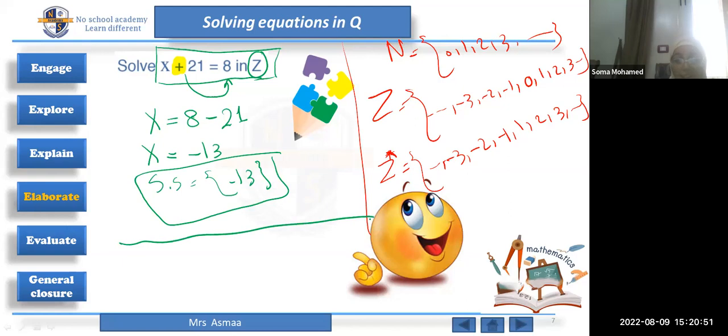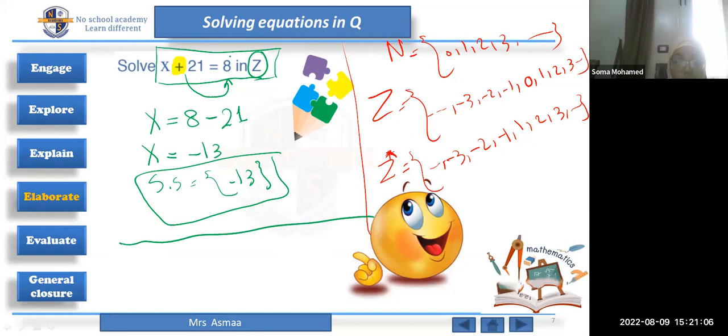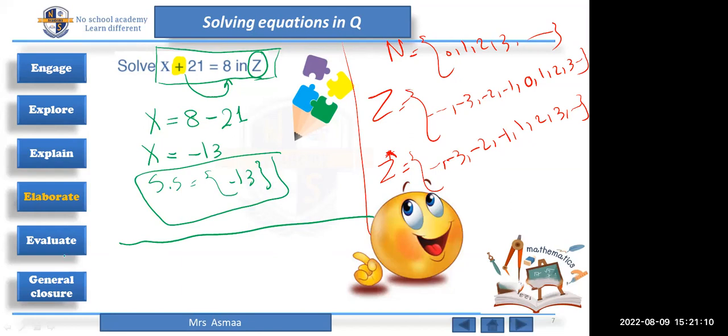Is there any question till now? Easy or not? I can repeat. Saja, understood? The final answer is -13, not 13 only. Yassine, understood? Yes.